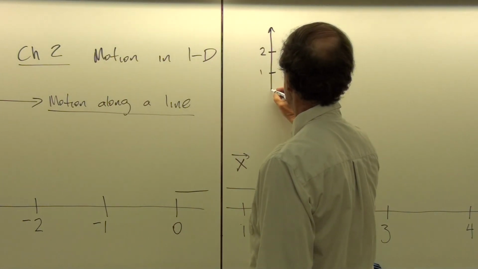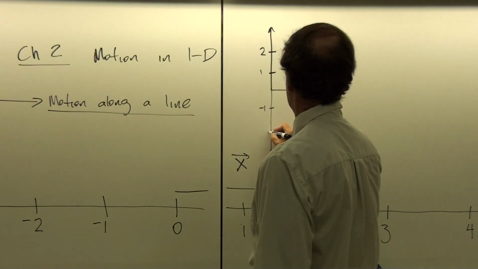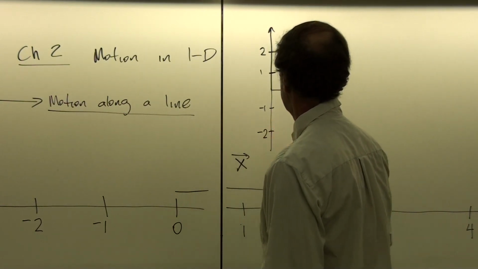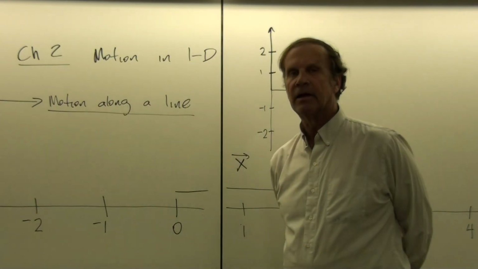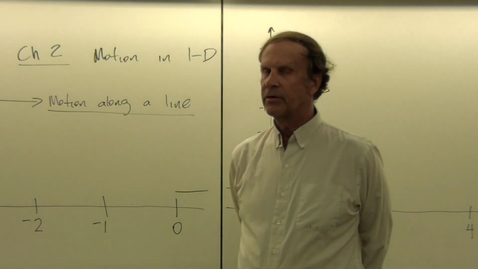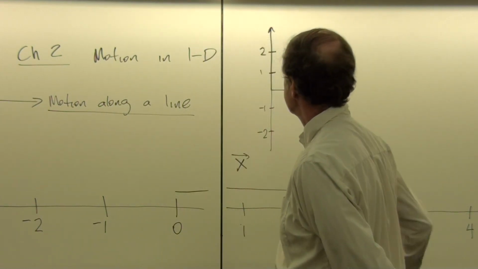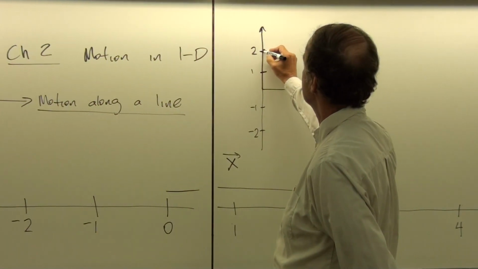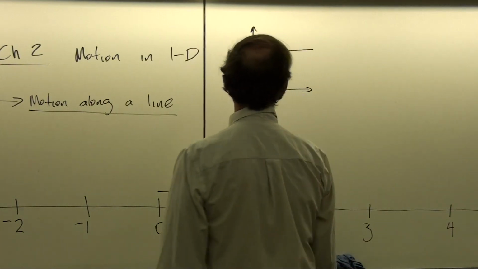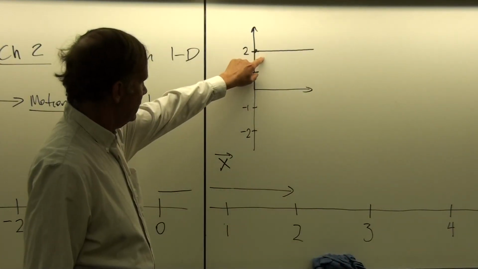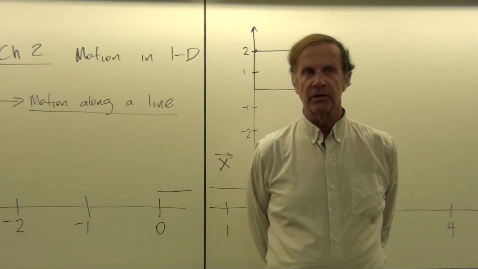This is 1, 2, and then here this would be -1, -2. Okay, it's probably the simplest kind of motion that we can illustrate with a graph like this. I think that a lot of you will agree that this must be a horizontal straight line. Okay, so this is indicating that there's no motion. If I'm just standing here at x equals 2, there's no motion.